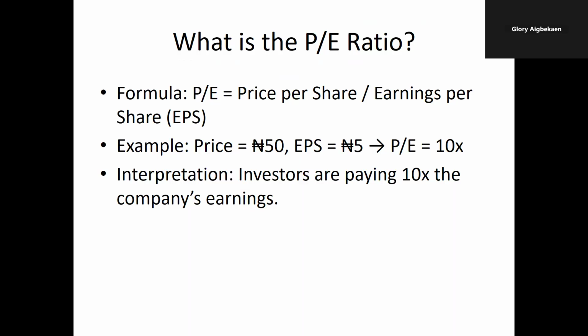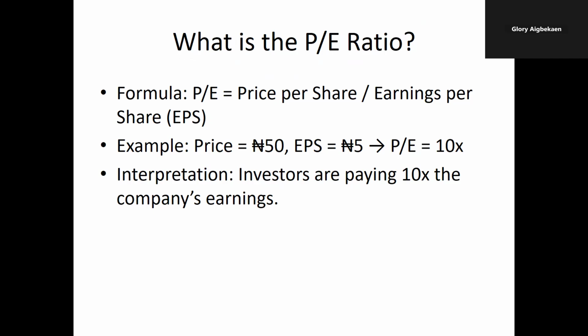We'll take an example. Let's say company A is currently selling for 50 naira and the EPS is 5 naira. When you divide the price by the EPS, you get the PE.